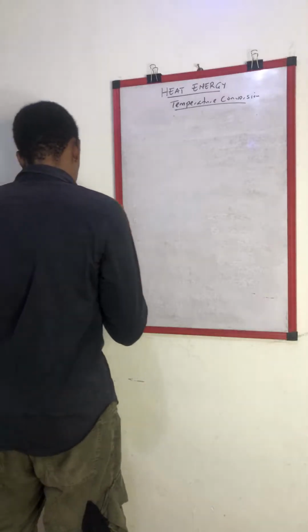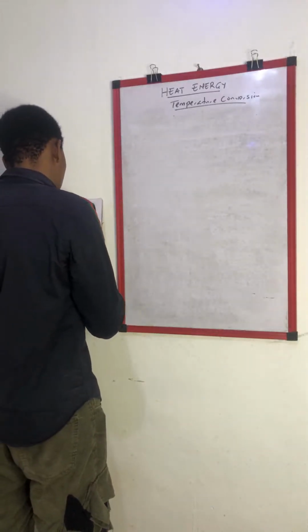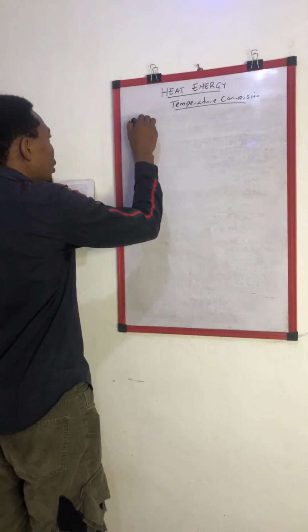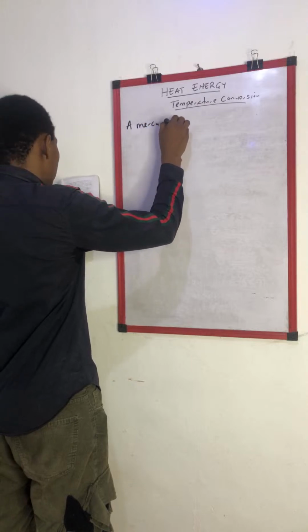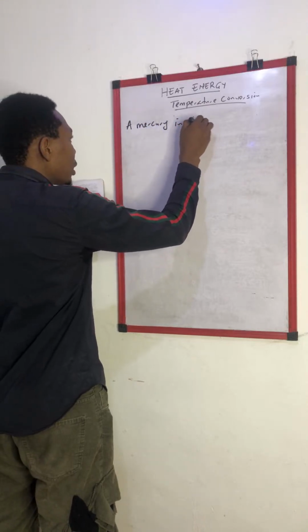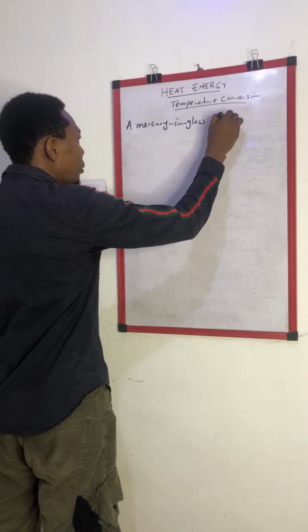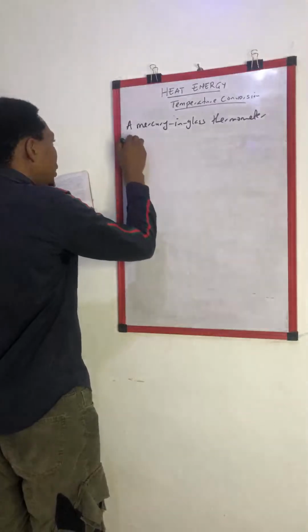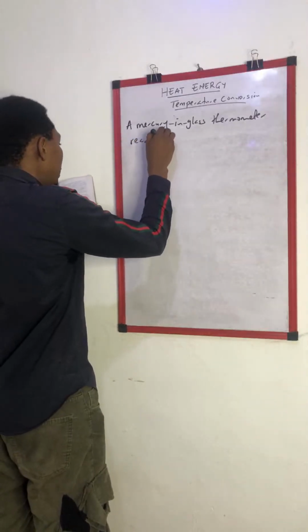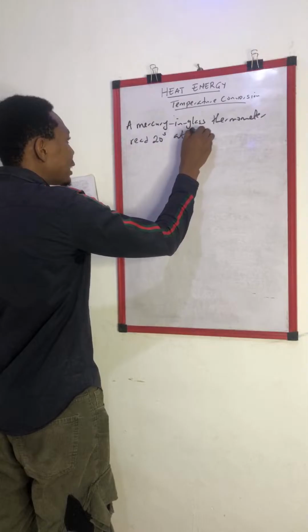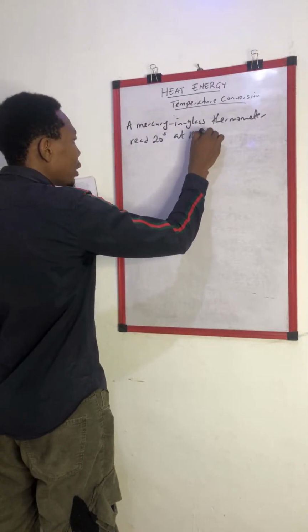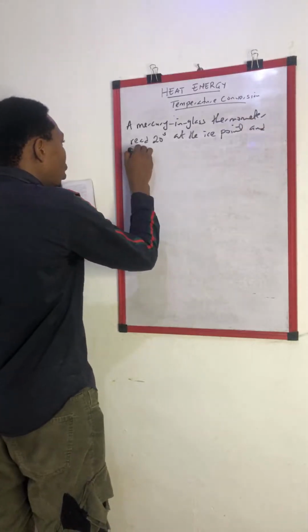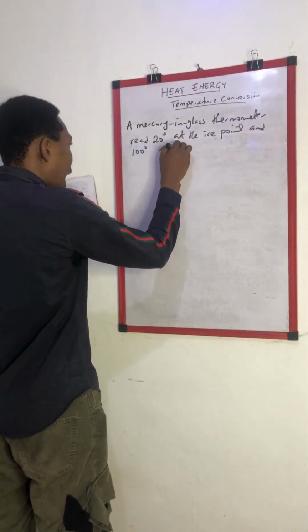A mercury in glass thermometer reads 20 degrees at the ice point and 100 degrees at the steam point.